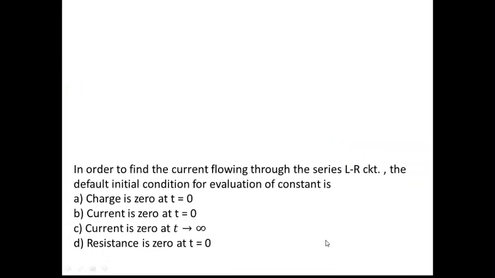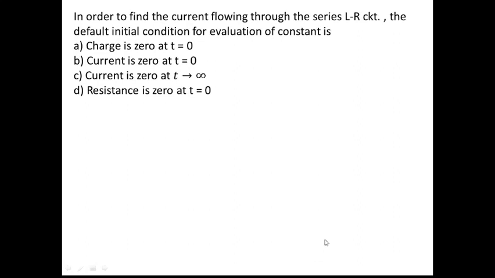So let's have the next question. In order to find the current flowing through the LR circuit, the default initial condition for evaluation of the constant is what? We have seen while dealing with the application of differential equations that we first frame the differential equation governing the LR circuit, which reduces to a linear differential equation, and then we have to evaluate the constants in that solution.